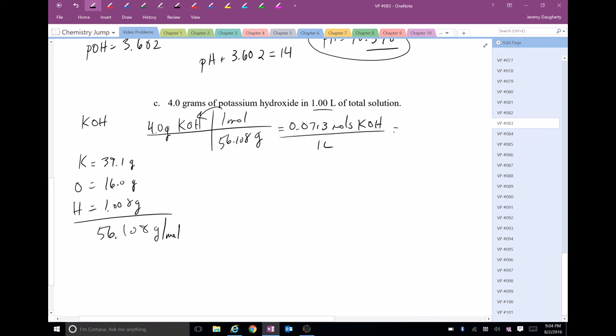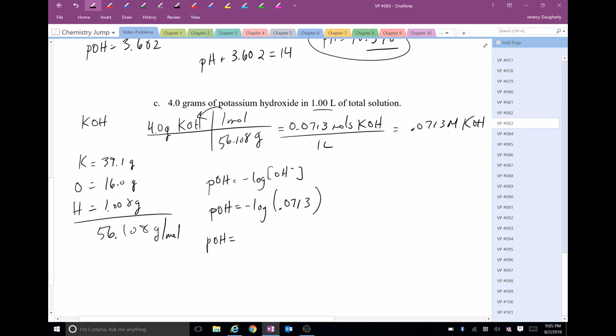Again, I'm just going to use pOH is equal to the negative log of the concentration of the hydroxide. pOH is equal to negative log of 0.0713, and I get a pOH of 1.147.